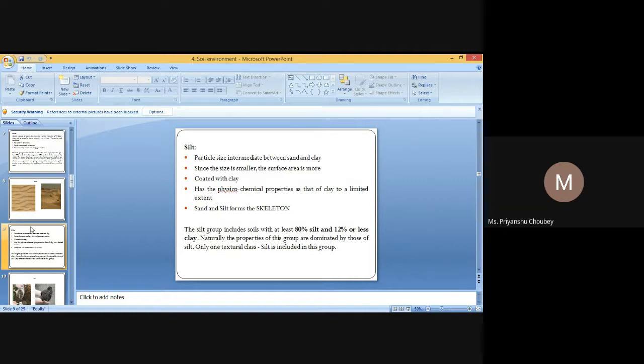Sand and clay form the skeleton. The silt group includes soil with at least 80% silt and 12% or less clay. Naturally, the properties of this group are dominated by those of silt. Only one texture class, silt, is included in the group.